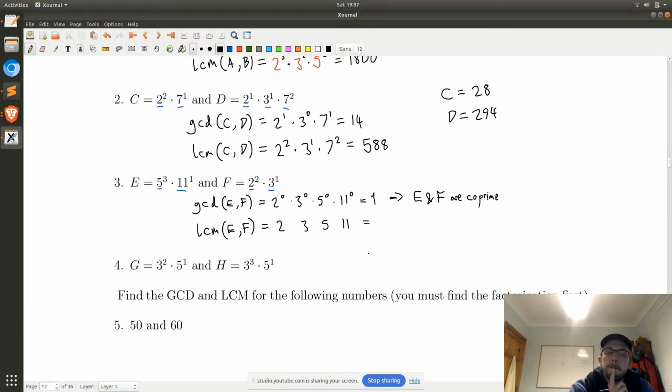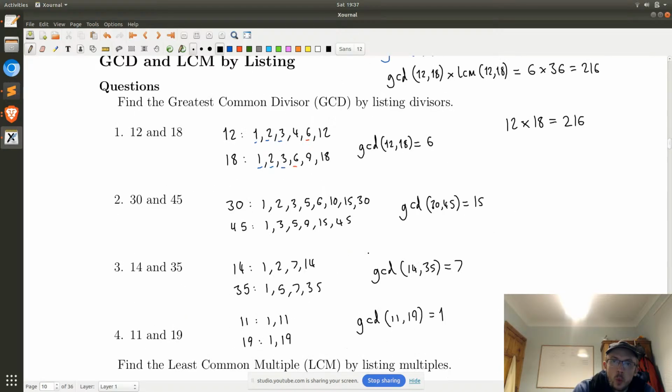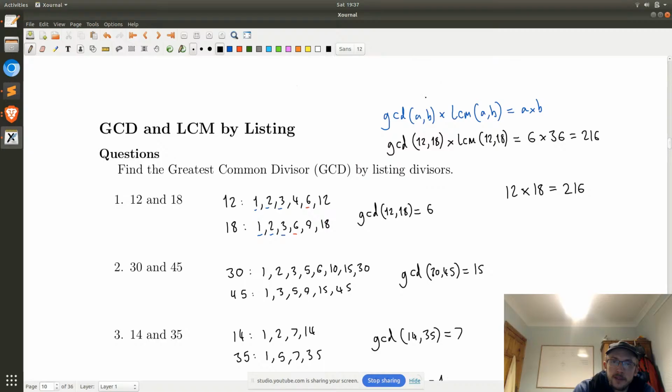Now, because of that theorem from earlier, which says that GCD of A comma B times LCM of A comma B is A times B, as we have already established that the GCD of the pair of numbers in question is 1, then their lowest common multiple must simply be equal to their product.